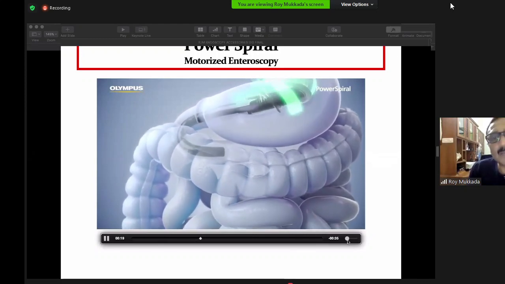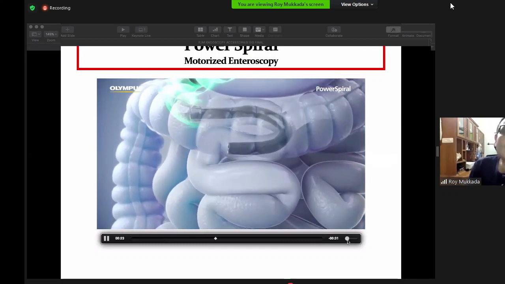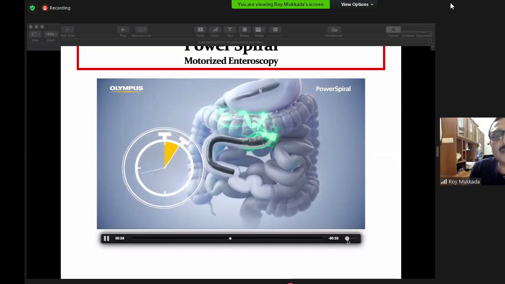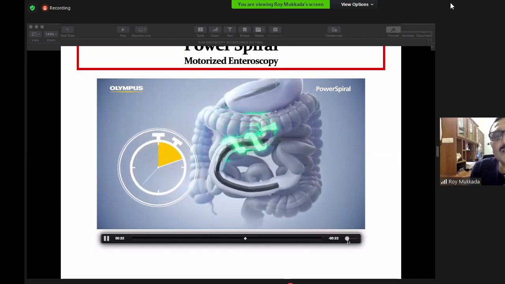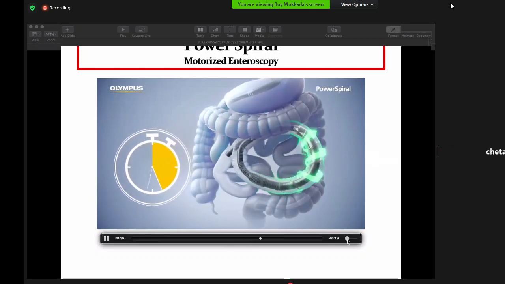It has forward and backward movement. The main advantage is the time being much reduced when compared to the double balloon or even single balloon.